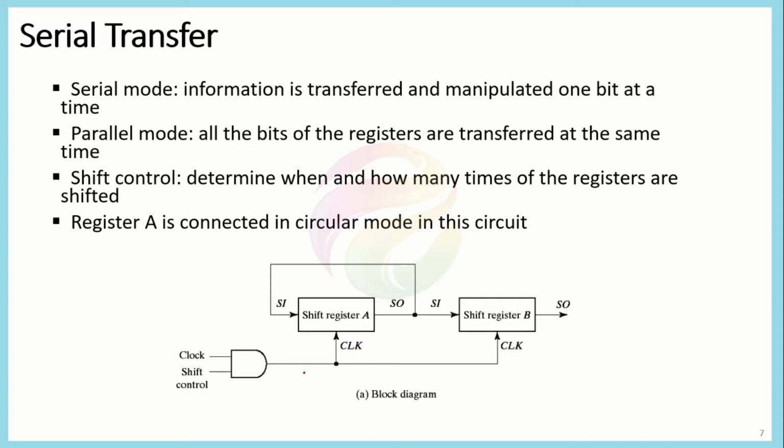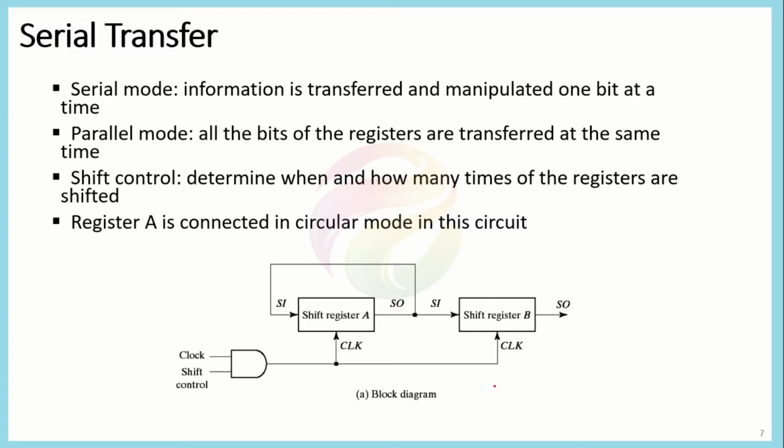Whenever the shift has a pulse of 1 here, then on the positive edge of the clock, the input to this register would move to the output of this register, which is connected to the next input register. So when the next clock cycle arrives, this input would be equal to the output. So in this way, we design a mechanism.